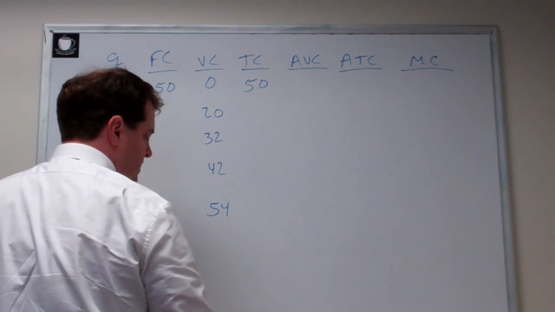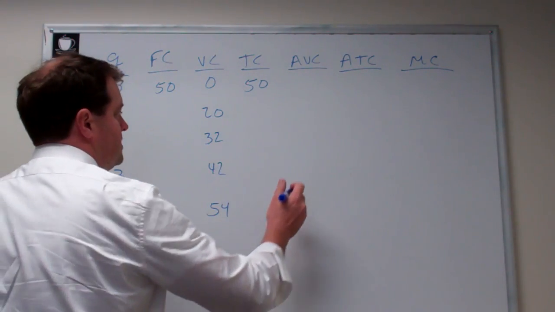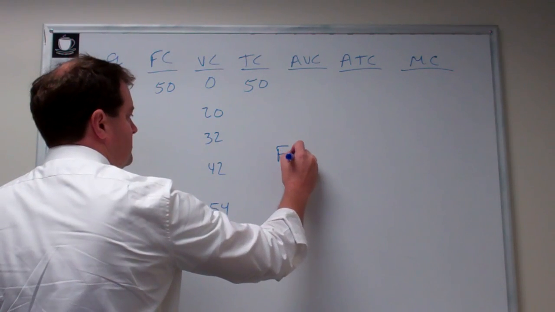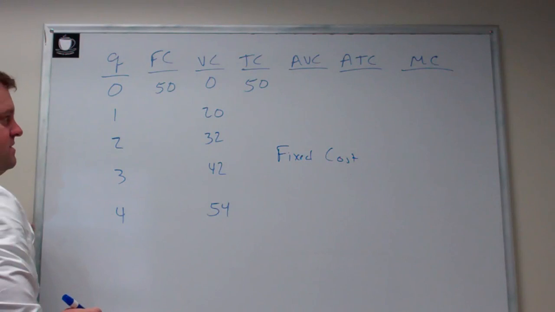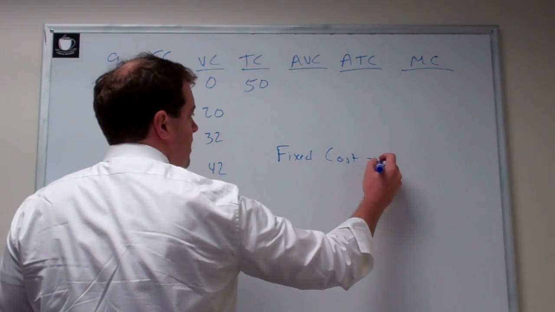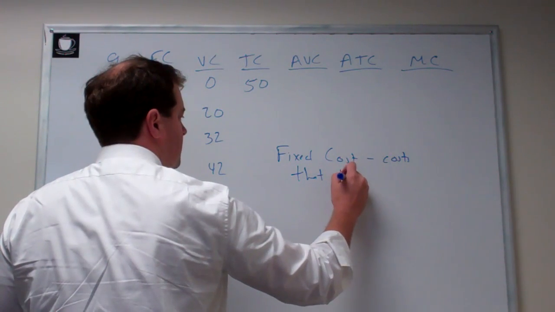So for us, there's going to be a couple of important ideas that we have to understand before we can get to these numbers here. First off, there's a fixed cost. And I have that represented by FC in this column here. But fixed costs are costs that don't change with output.